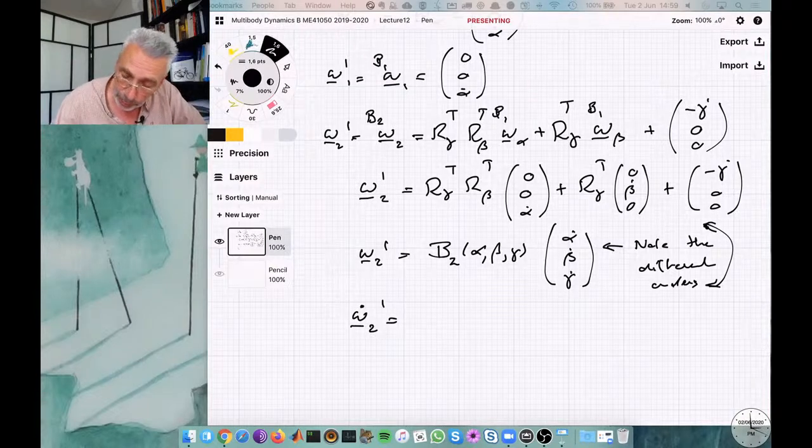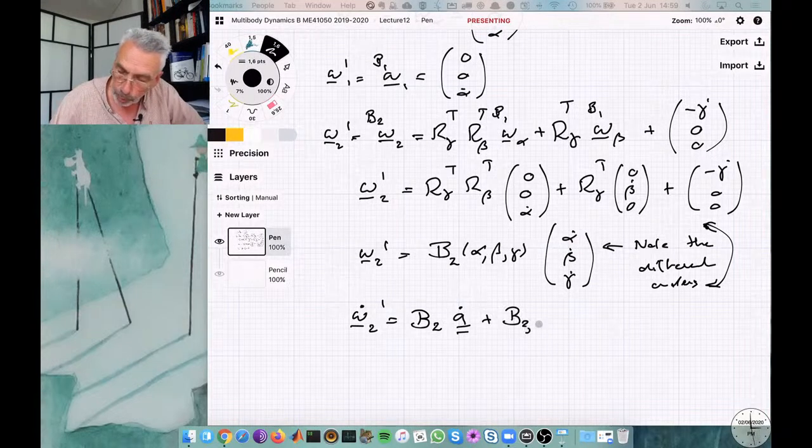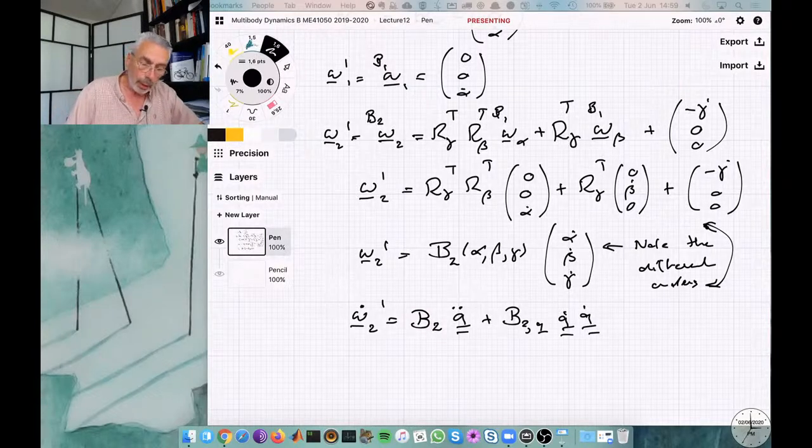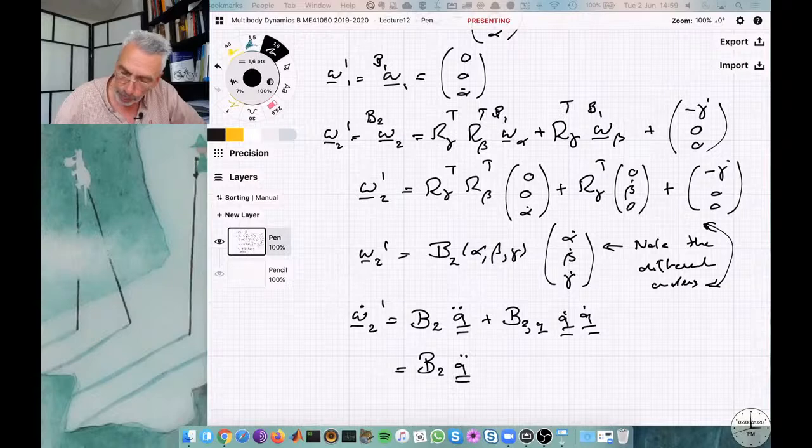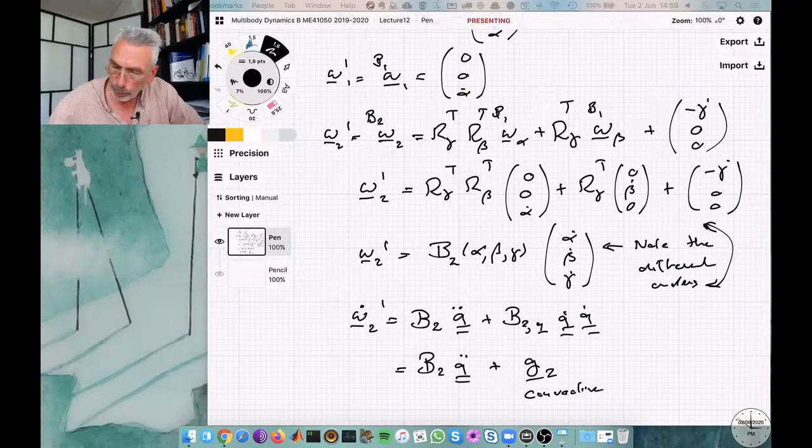We keep this constant, that's the B2 times, and then I write here Q dot for easiness, and then I get the B2 comma Q double dot, sorry, Q dot. And again, I write B2 Q double dot, and I name this G. Oh yeah, the G terms, G2. So these are convective terms.